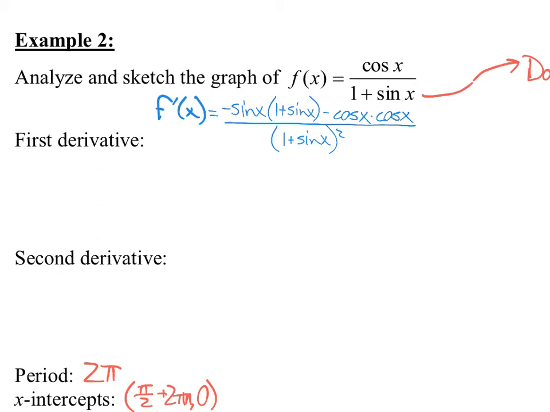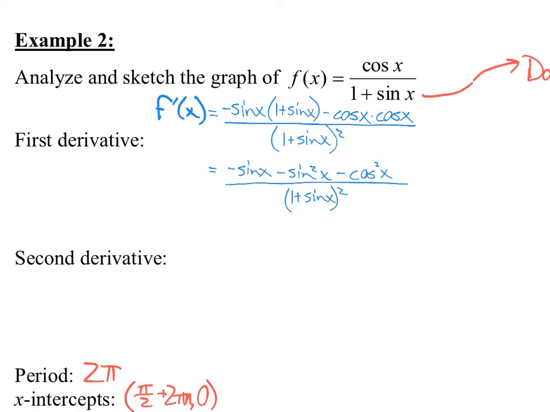So cancel out that, and I'm going to have a negative sine x minus sine squared minus cosine squared over 1 plus sine x squared.